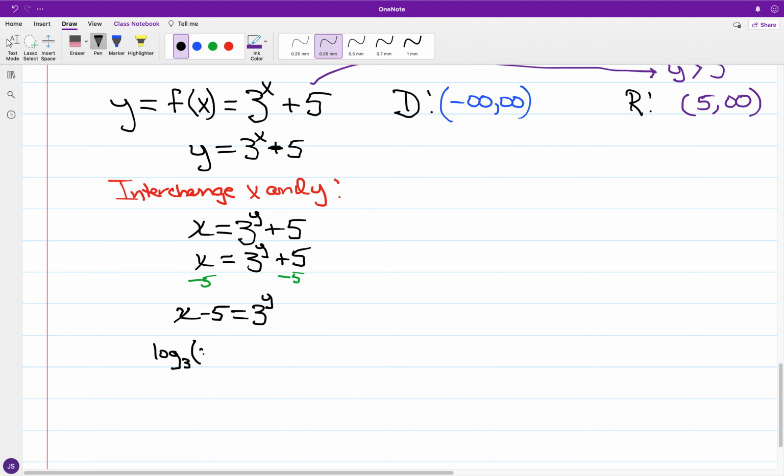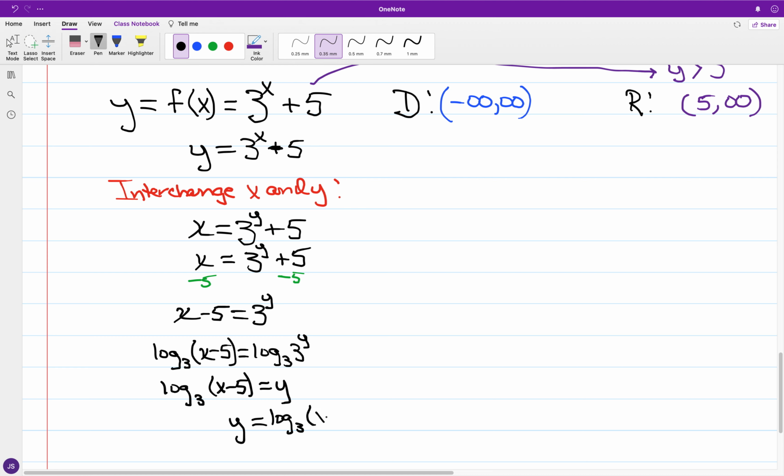So I have the base 3 logarithm of x minus 5 is equal to the base 3 logarithm of 3 to the y, and so I had that y is equal to the base 3 logarithm of the quantity of x minus 5.